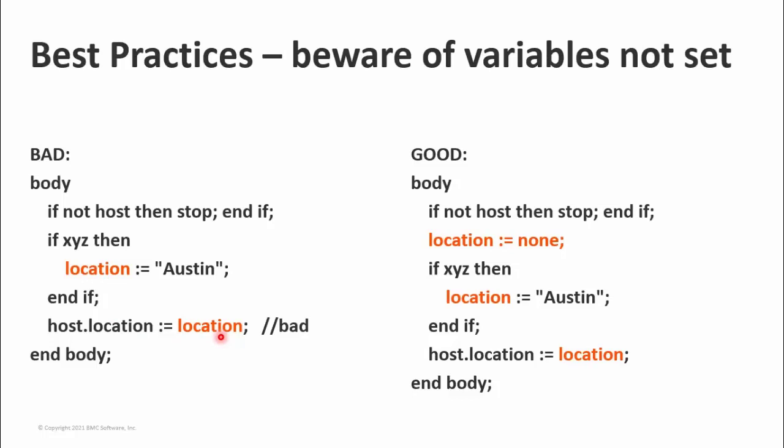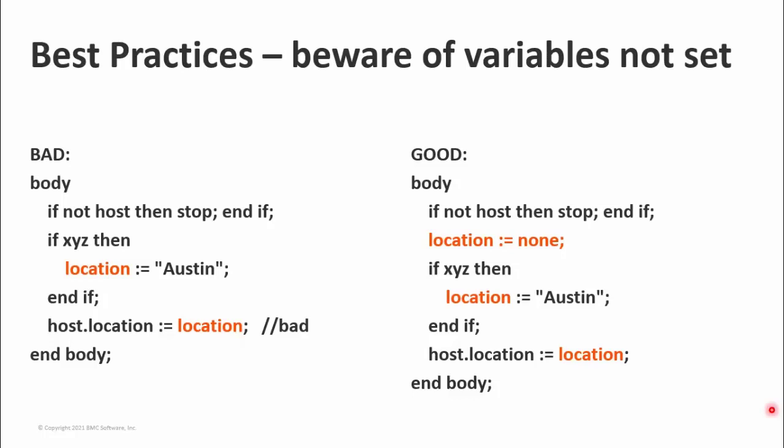But what if XYZ didn't have a value? Then location doesn't have a value. So this is bad code. If you uploaded the bad pattern, then you would get a warning that location may not have a value. And that's why you get that warning.